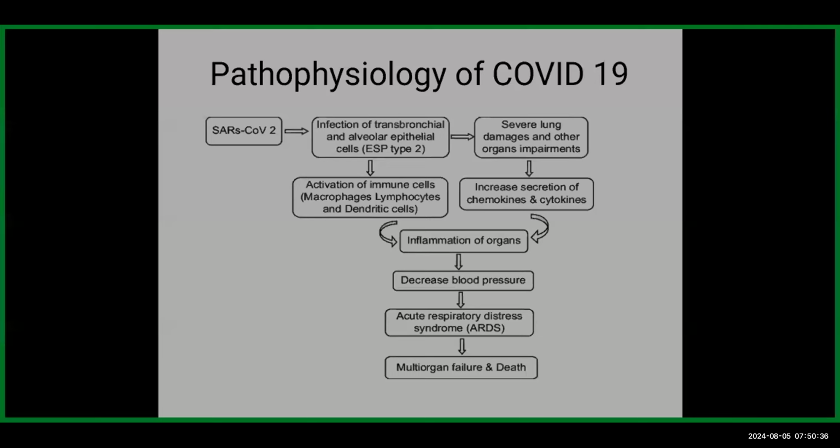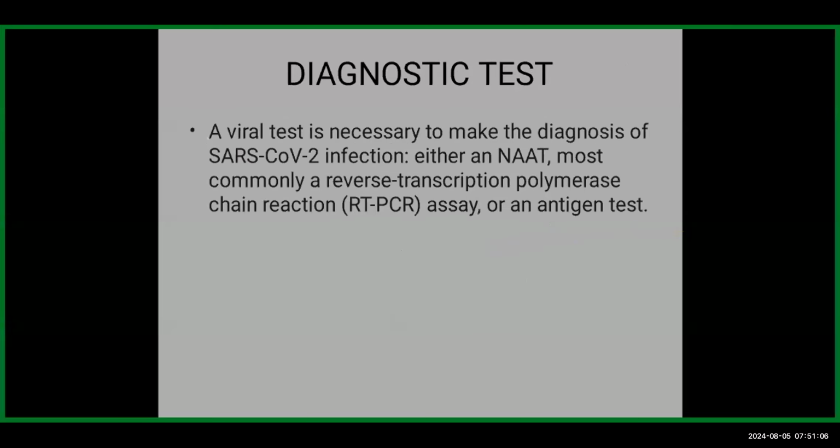It can also lead to activation of immune cells, that is the macrophages, lymphocytes, and dendritic cells. The affectation of the lung can lead to increased secretion of chemokines and cytokines, which subsequently leads to inflammation of the lungs and other organs, and there can be decreased blood pressure because of the affectation of the immune system. Then acute respiratory distress syndrome, subsequent multi-organ failure and death, that we see.